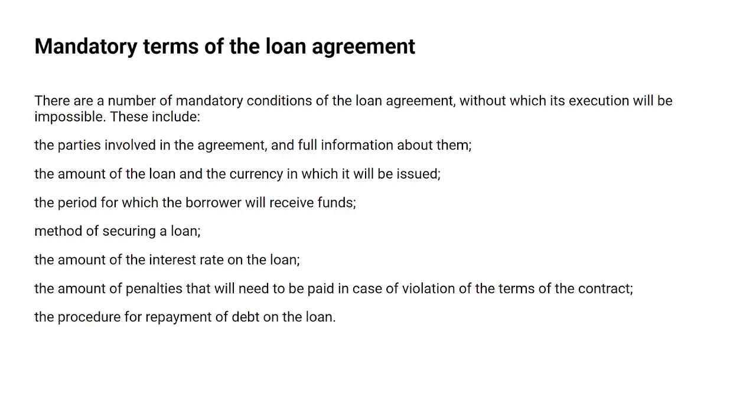These include the parties involved in the agreement and full information about them, the amount of the loan and the currency in which it will be issued, the period for which the borrower will receive funds, method of securing a loan, the amount of the interest rate on the loan, the amount of penalties that will need to be paid in case of violation of the terms of the contract, and the procedure for repayment of debt on the loan.